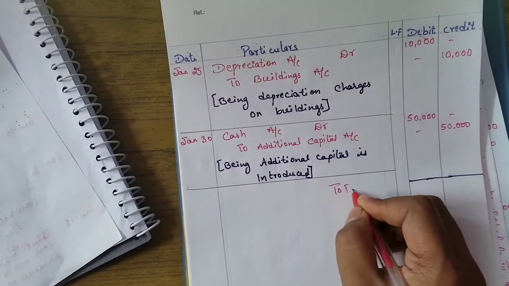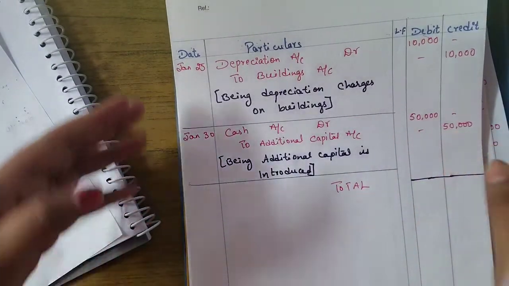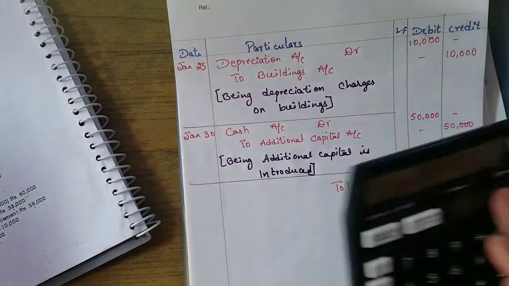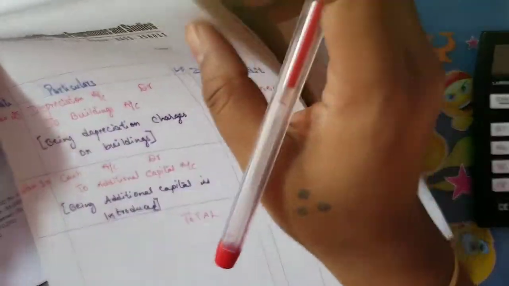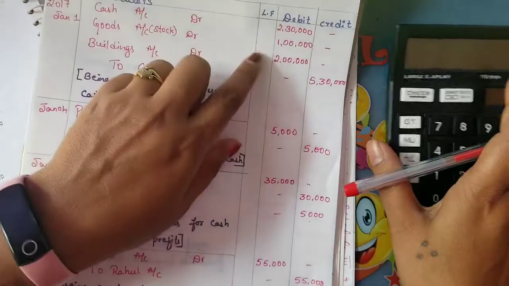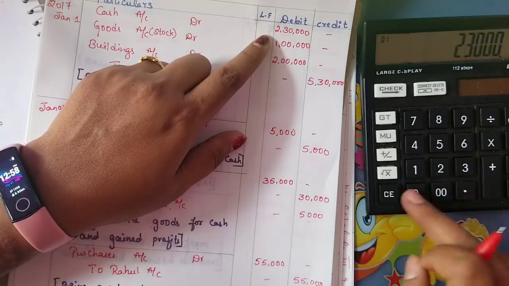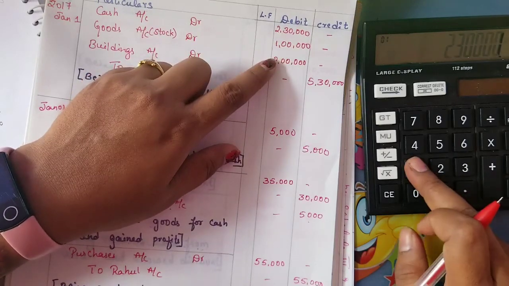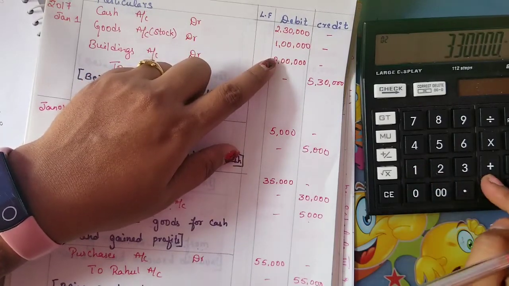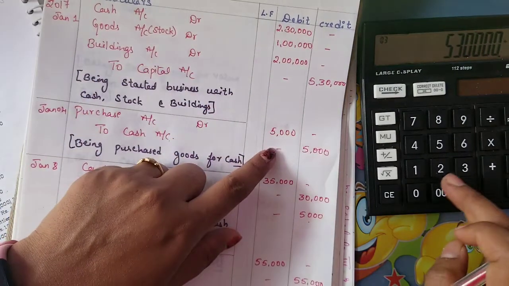Last we have to write the total, debit column and credit column. Both sides you have to do the total. So from the beginning of our problem, we should add debit side, credit side. Okay. So here is the amount, 2,30,000 plus 1 lakh plus 2 lakhs 5,000.